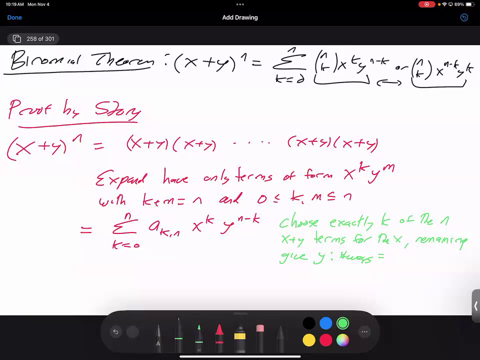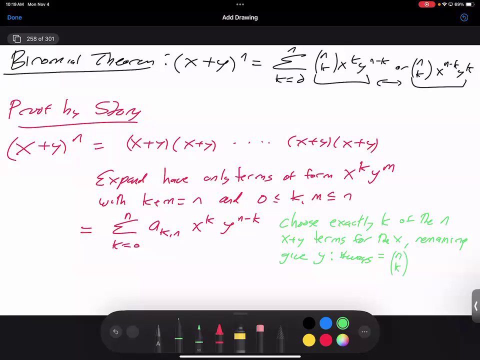Yeah, just n choose k, right? We have n factors. For each factor, we choose either an x or y. I'm looking at the term x to the k, y to the n minus k. So I had to choose x exactly k times. So that's going to be n choose k.